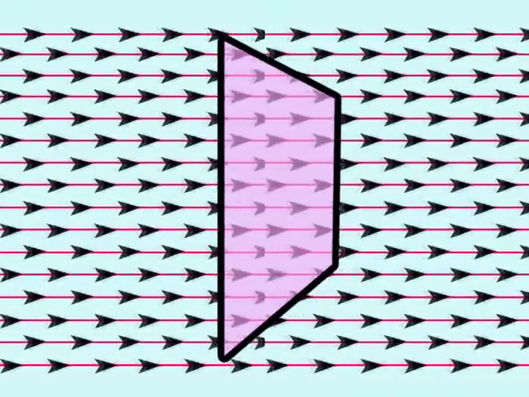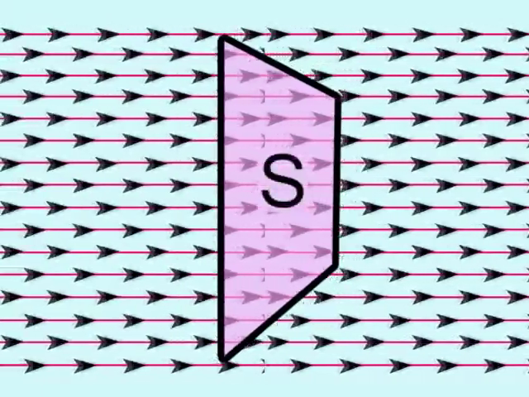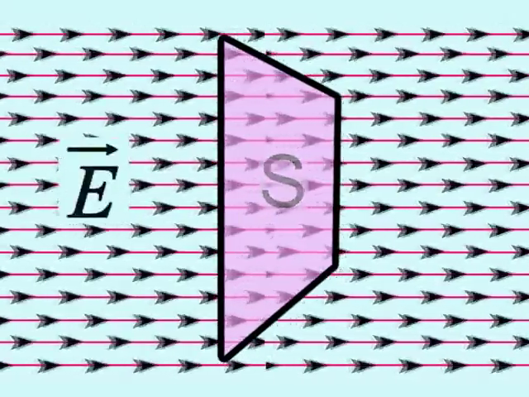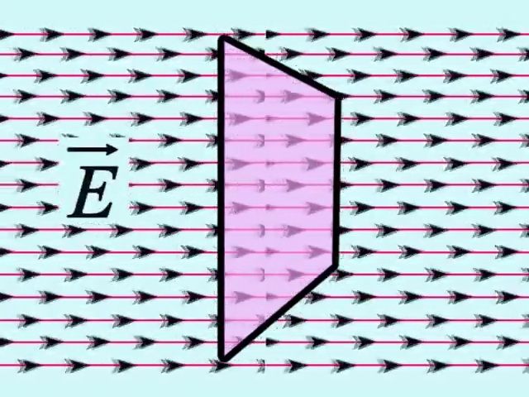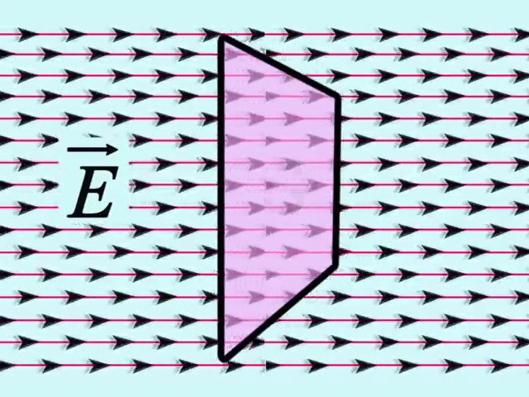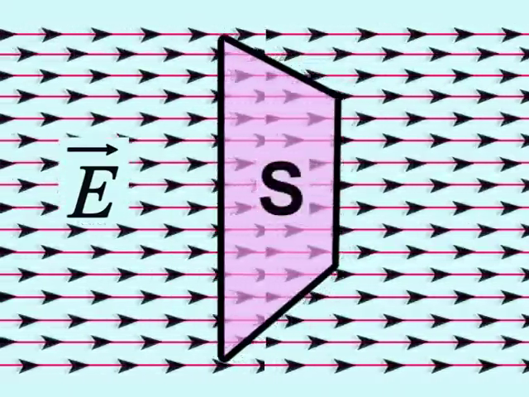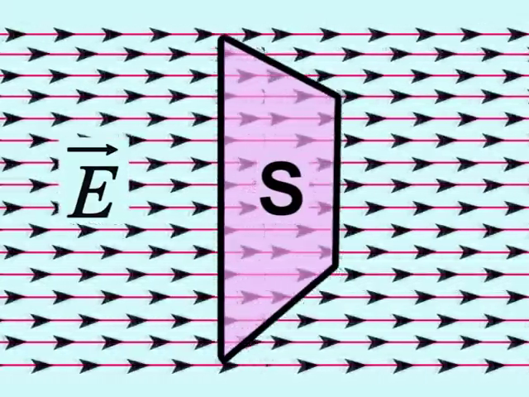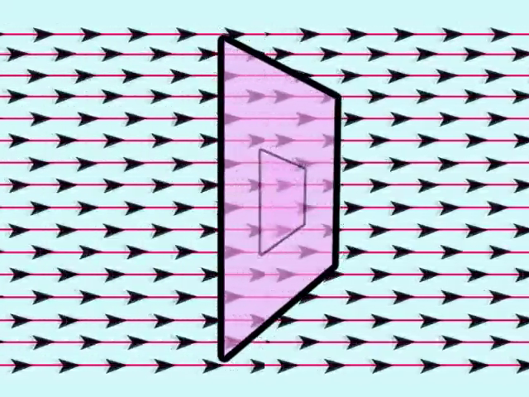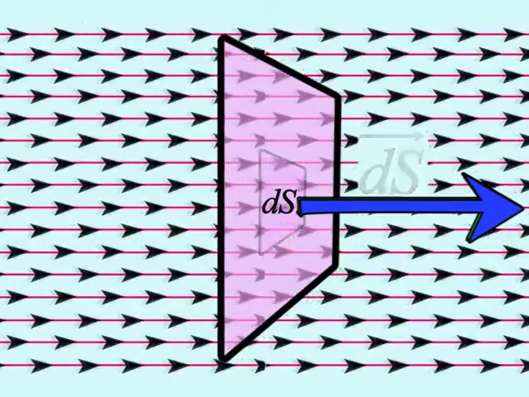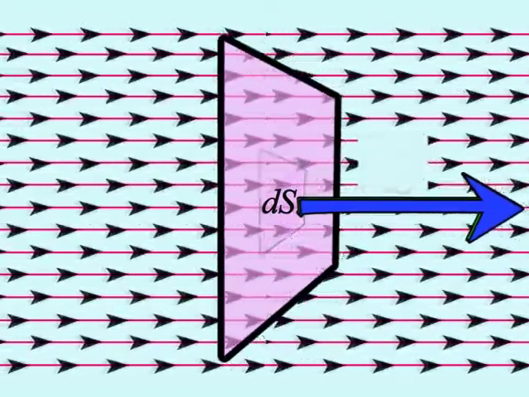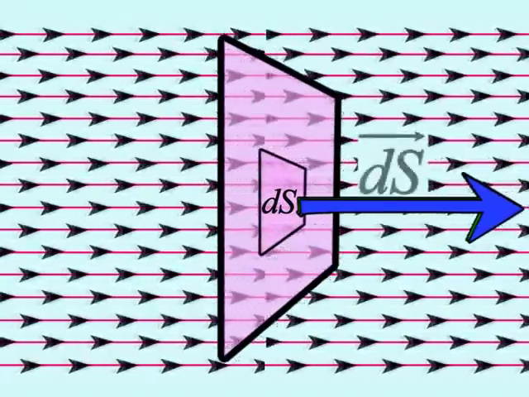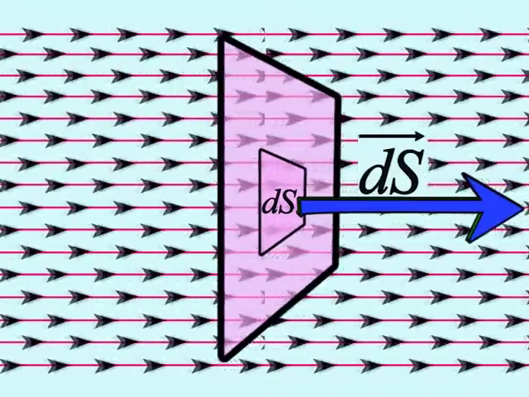A surface S is placed inside an electric field of intensity vector E. The electric lines of force cross the surface S in a direction normal to it. For measuring the electric flux through surface S, consider a small area element dS of the surface S represented by vector dS, which is directed along the normal to the area element dS.